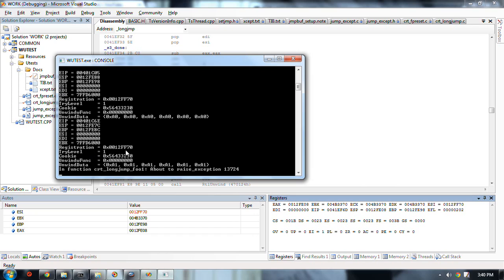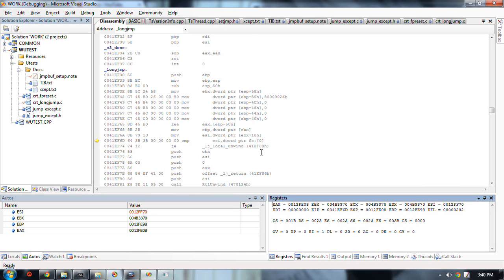There it is, registration. Same as SI here. Now that was the first thing. That was FS:0, right? All right. Now we're comparing SI with, no, this has got to succeed, right?